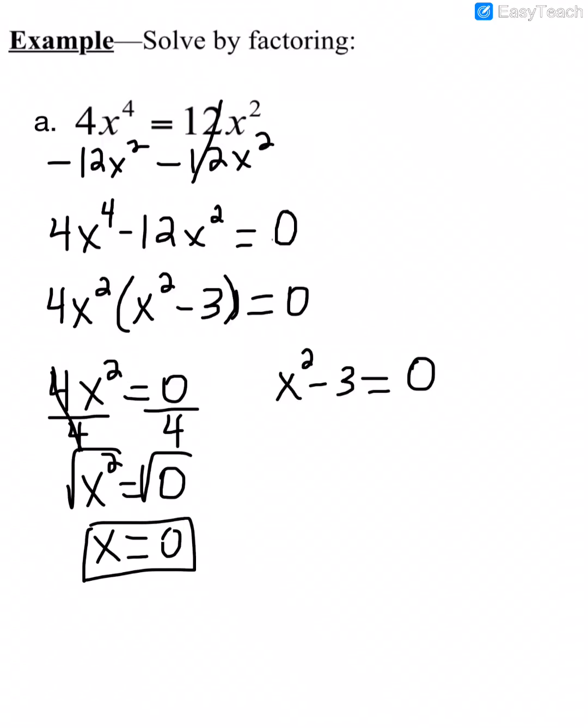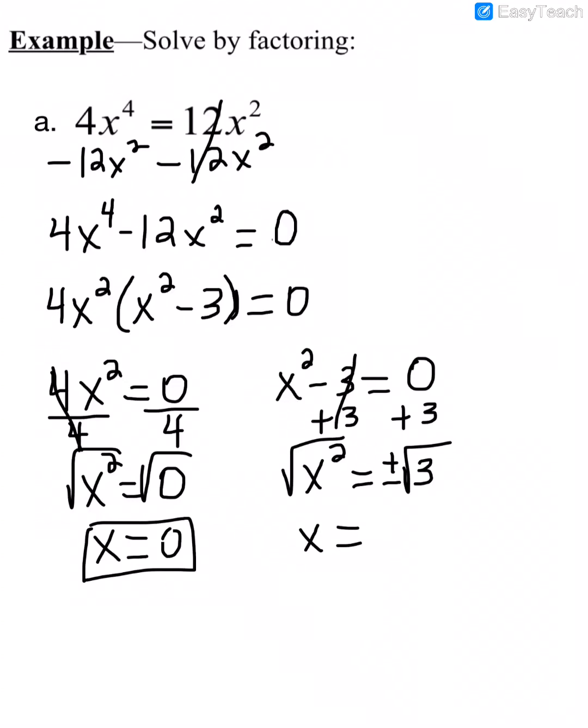For the other factor, I'm going to add 3 to both sides, and I get x squared equals 3. Then I take the square root, plus or minus, and I get x equals plus or minus the square root of 3. So I actually have 3 solutions: 0, the positive square root of 3, and negative square root of 3.